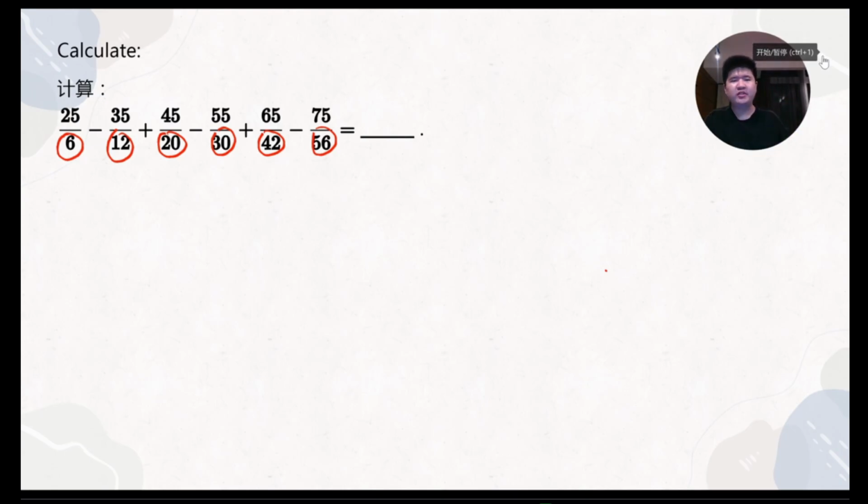We need to try to check the numerator. 那现在我们会发现这个分母已经非常完美了，2乘3、3乘4、4乘5、5乘6、6乘7、7乘8。但是分子呢？The numerator is too large. Is it okay for us to make it easier?